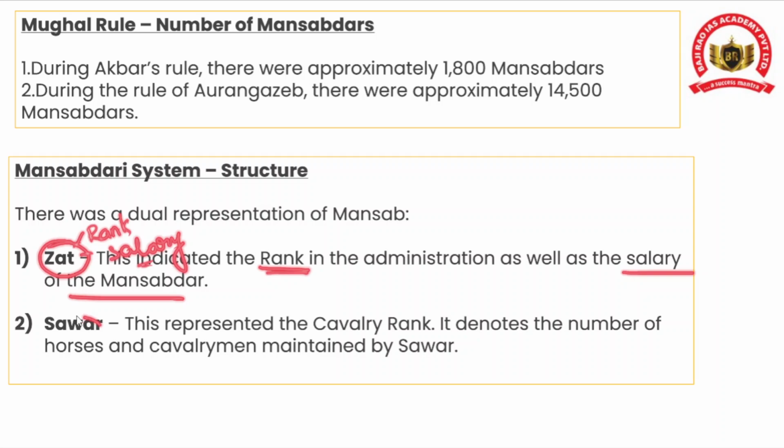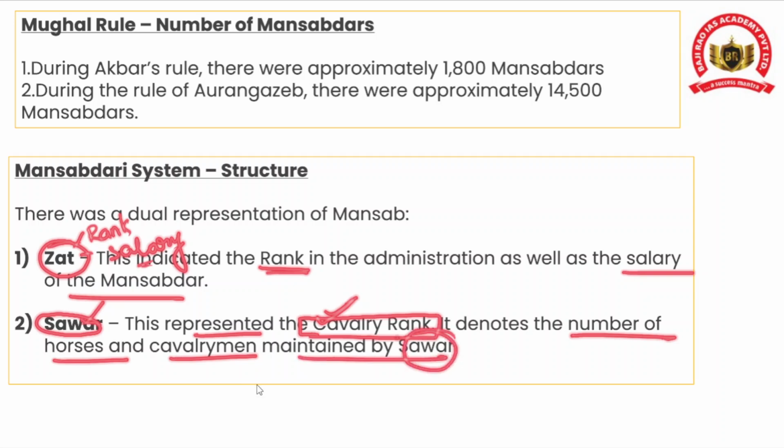On the other hand, there is the other term called savar. So what exactly is the savar? Savar represents the cavalryman, the cavalry rank. It denotes the number of horses and cavalrymen maintained by the mansabdar. So it is like a military term.